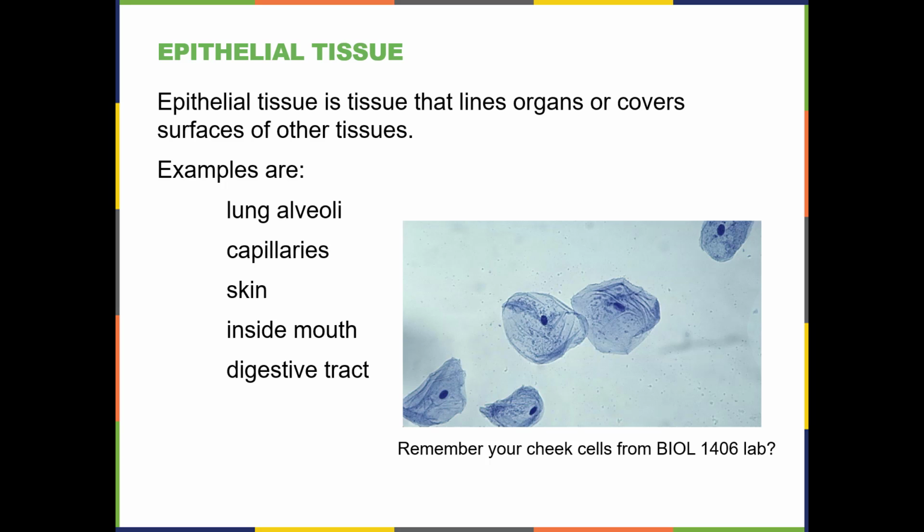So epithelial tissue comes in a few different shapes, and we're going to look at those. But you may remember the squamous, the flat cells, the cheek cells that you gathered from the inside of your mouth in Biology 1406 and then stained with methylene blue, and it looks something like this. They look a little bit crumpled, but they're fairly flattened in their shape, and you can see the nucleus pretty distinctly.